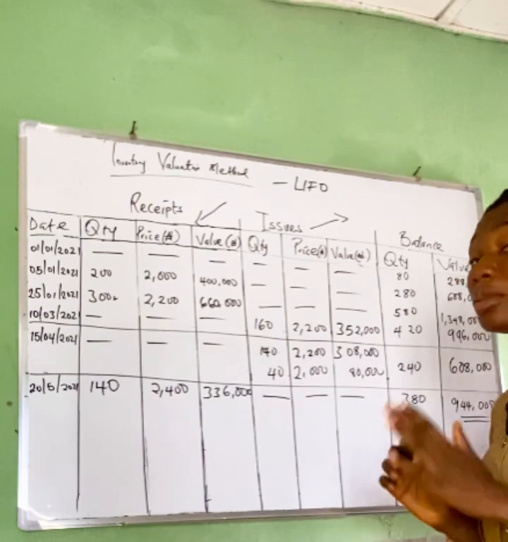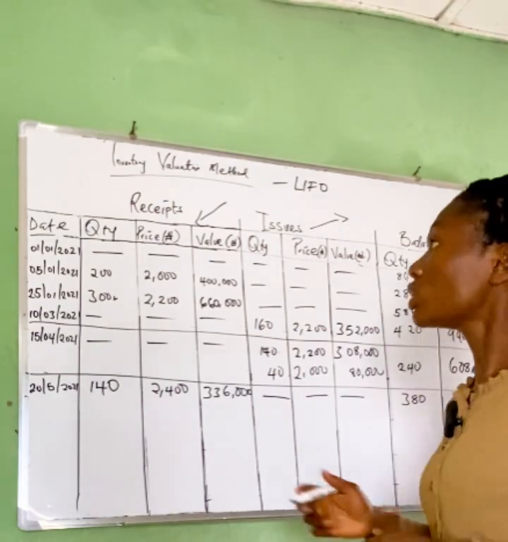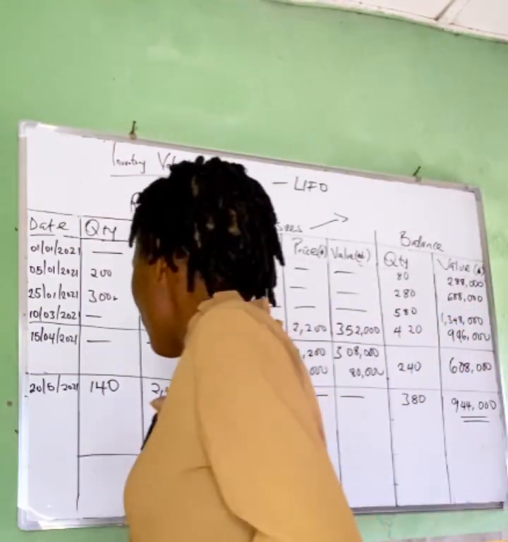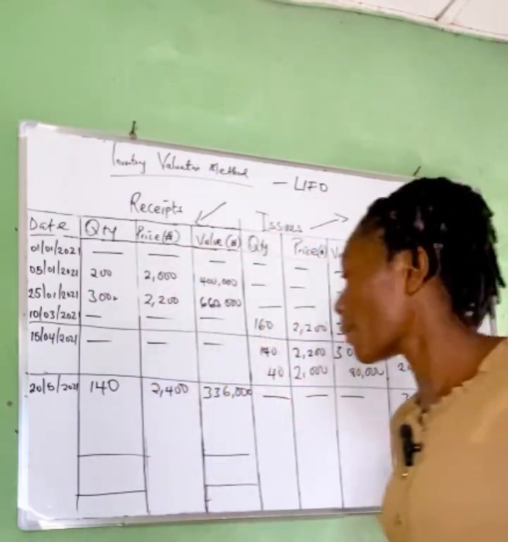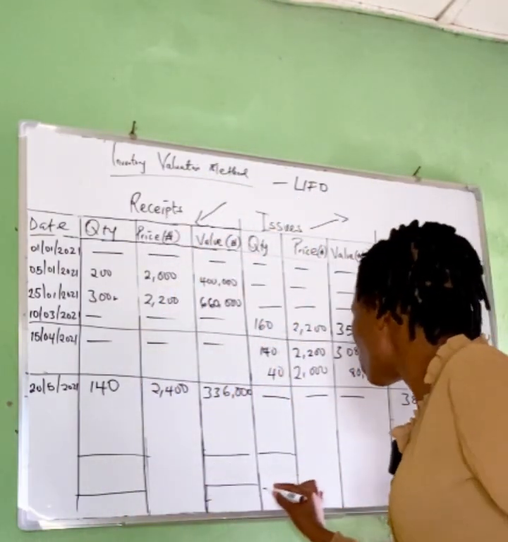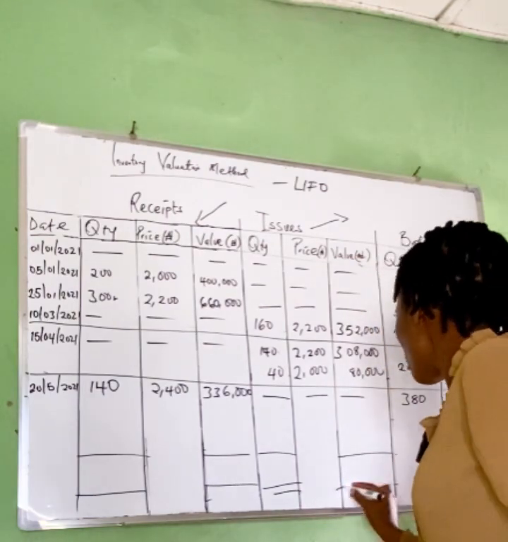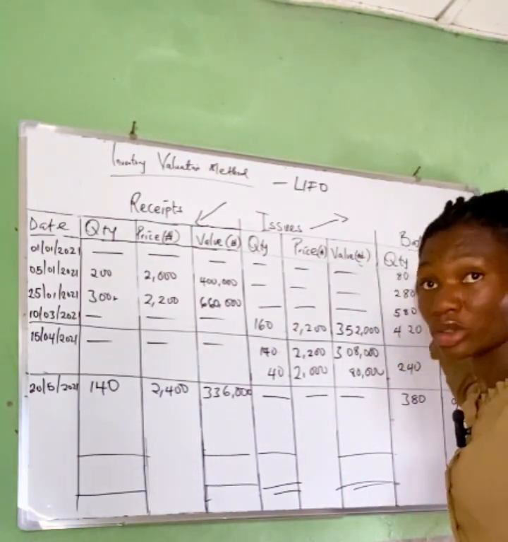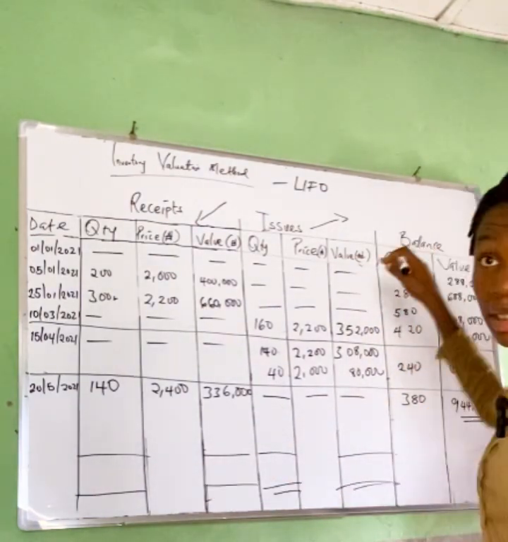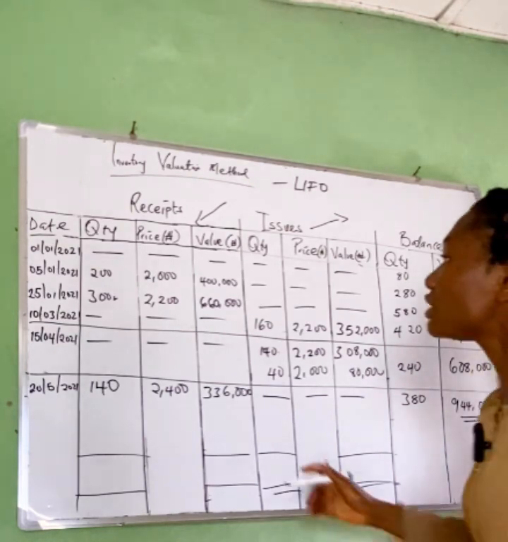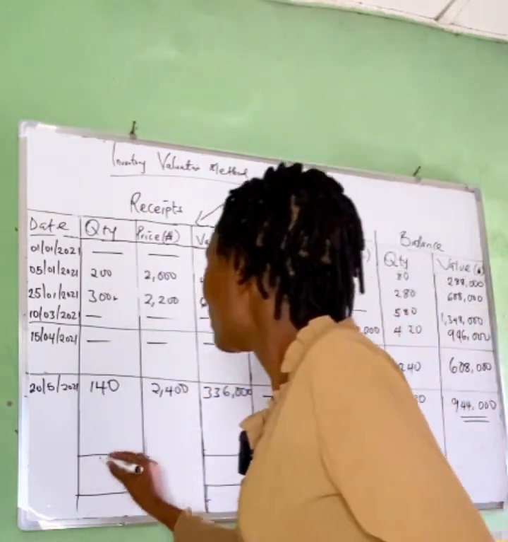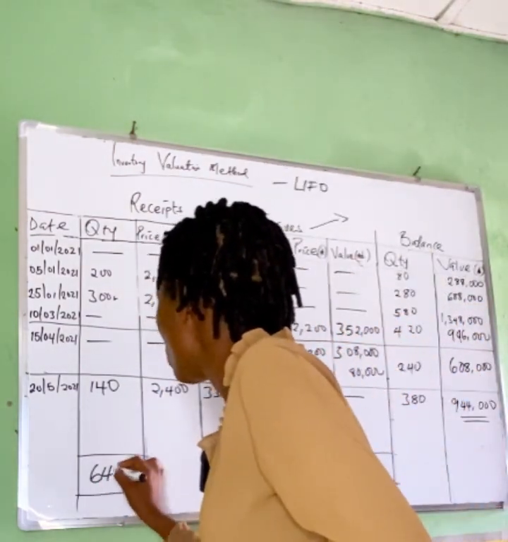We also have to use the same format. You sum in total quantity that was received and then the value of the receipt. And then we also sum in total quantity of the issue and then the value. Now, since we are having a closing stock, after we have deducted, we add the closing stock. Then we'll see if it fits into this picture. So for the receipt, we have a total of 640 units.